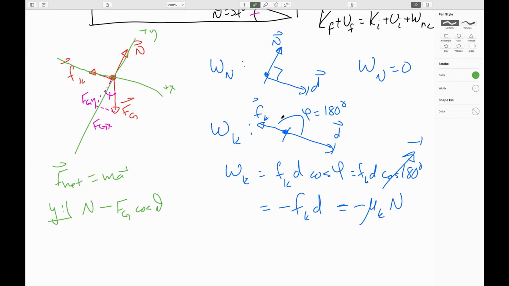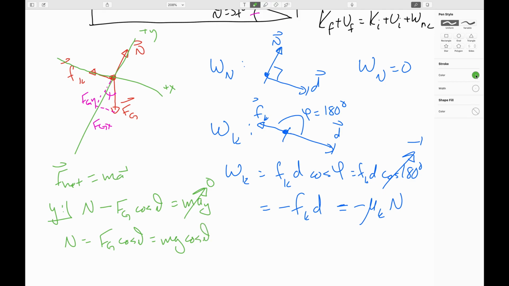That's different than this angle phi between the force and the displacement. That was 180. This is going to be 37 for the ramp. And then this equals ma sub y, but a sub y is 0, so that drops out. So the normal force is equal to Fg cosine theta, or mg cos theta.